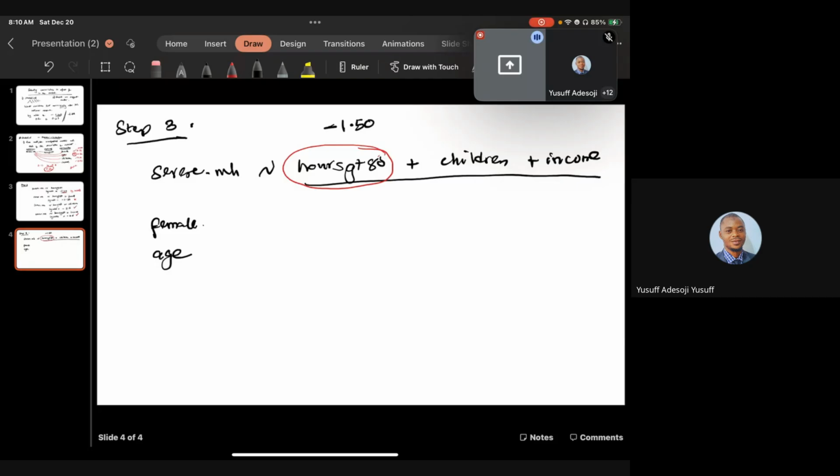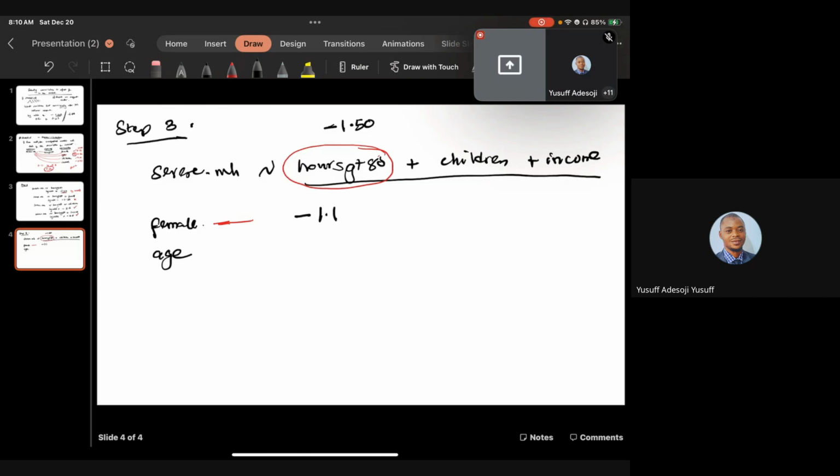Now when you add female into it, it becomes minus 0.2 or whatever it is. I don't see how that's going to be possible, but let's say it becomes minus 1.1.